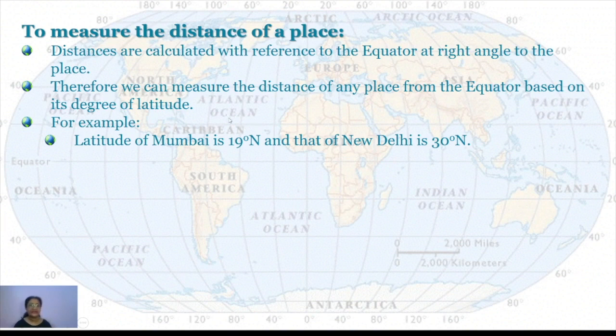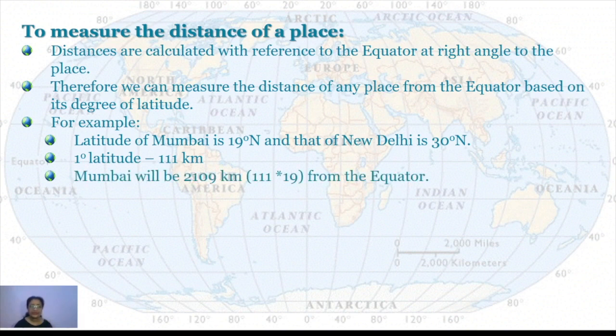Keeping that in mind, suppose you are given this question: the latitude of Mumbai is 19 degrees north, and the latitude of New Delhi is 30 degrees north. How do we find the distance? First, 1 degree has a distance of 111 kilometers. Mumbai is 2109 kilometers from the equator. How did we get this?